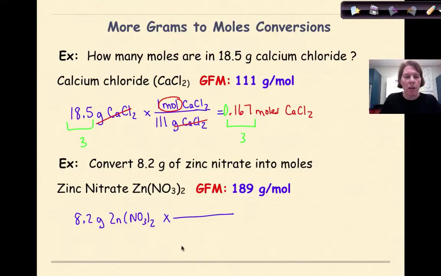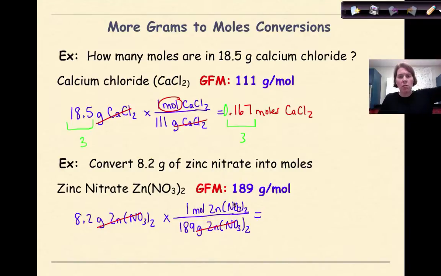I'm starting with grams, so grams is going to go on the bottom. 189 grams ZnNO32, that is equal to 1 mole of ZnNO32. This is set up correctly because grams cancels grams. You should always be able to cancel down and to the right.